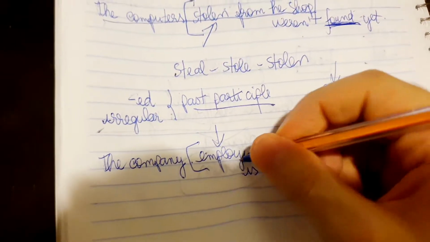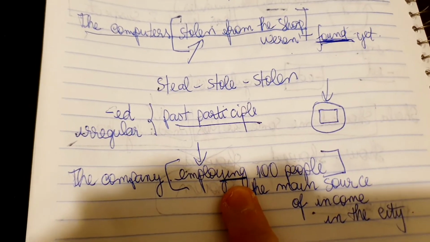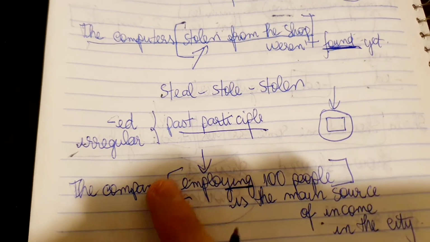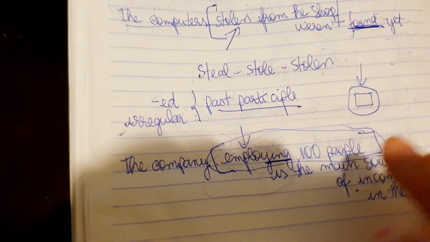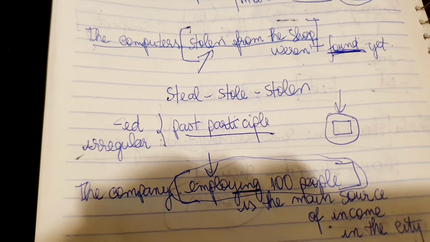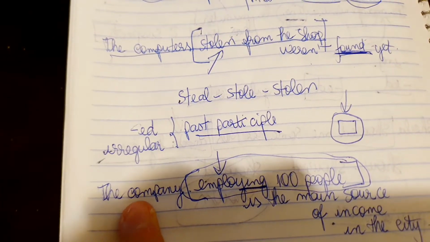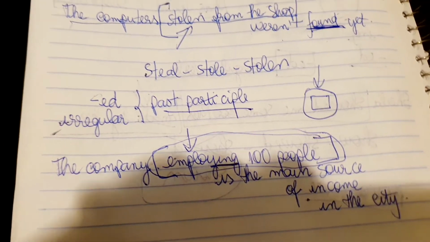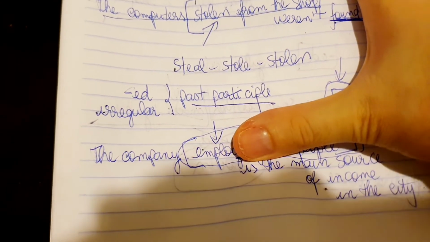So you see, here we have a clause starting with ing, and these clauses which begin with ing, they give some characteristics to the noun, right? They explain something else about the noun, because I can say the company is the main source of income in the city.